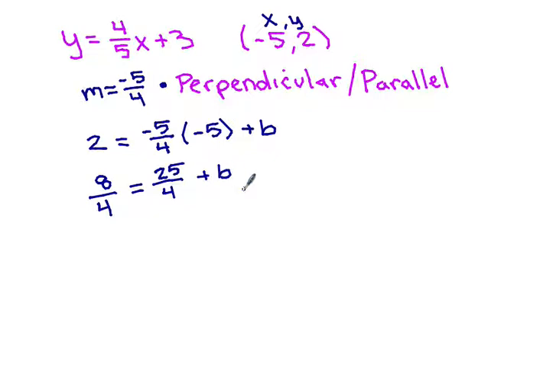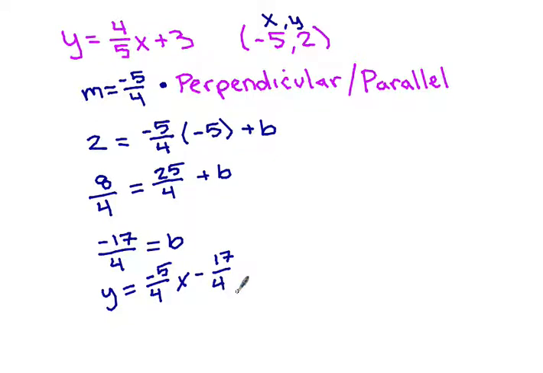I chose to do that so that I had common denominators so that the fractions would work out. Now we can subtract it. So our b is going to be -17/4. Kind of ugly, but it works. And our final equation would be y equals, our new m is -5/4 x plus b, which our new b is -17/4. Anybody got another idea of how to make that easier?